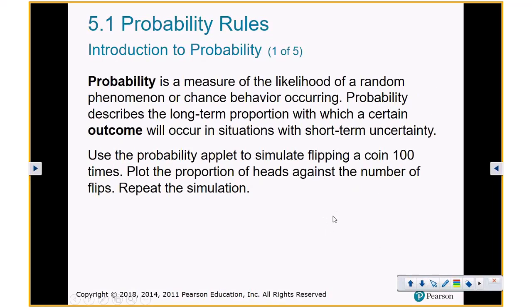Probability. Let's go ahead and talk about an event.